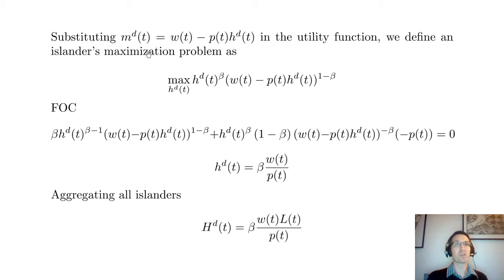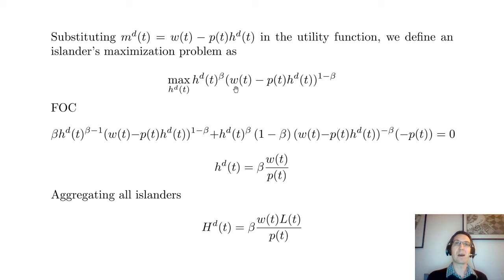So the trick is, first of all, I can already substitute MD again to simplify my objective function, and I get this, which looks pretty much the same as before. It's just that now I have prices instead of having stocks, but it's the same.